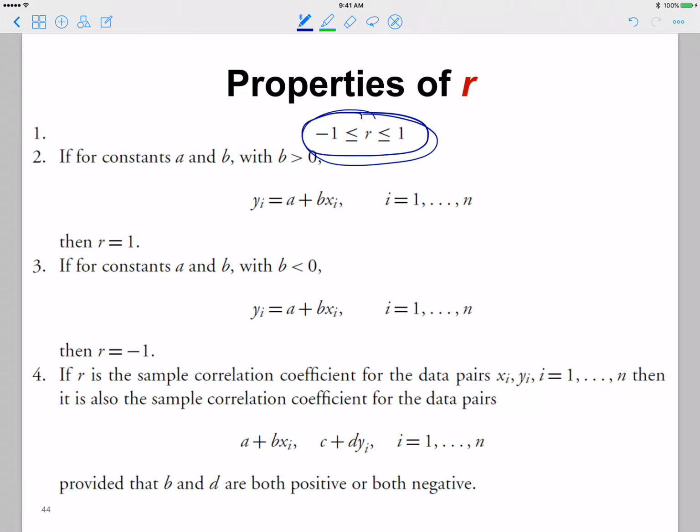Okay, and in the case of +1, the correlation coefficient is +1, this is the situation where we draw x and y, and they are aligned along a straight line, but the slope doesn't matter.